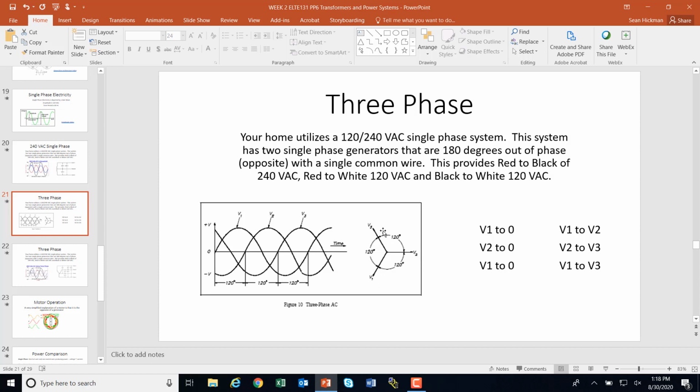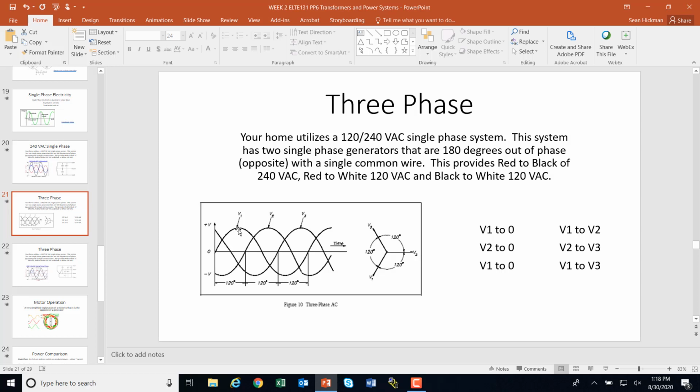And so you have a variety of different potentials here. You have voltage 1 to 0, to your neutral right there. If this was 120 generation, that'd be 120, right? And if you have voltage 2 to 0 and voltage 3 to the neutral, those are all voltage potentials. You also have the difference between voltage 1 and voltage 2 for a given time. It looks like in this case this one is at the peak here, at 120, and if you come down here, voltage 2 hits somewhere in here, not quite halfway.